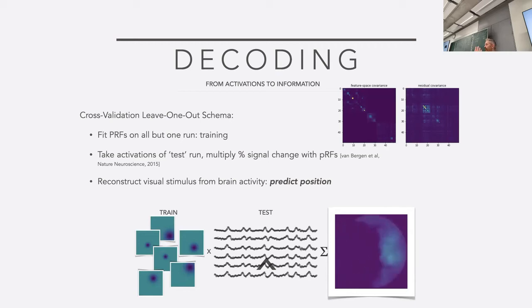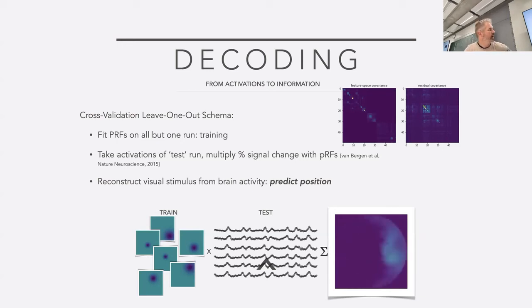This is a beautiful trick. You actually can create these movies of what a brain region thinks is on the screen. And that can be a very compelling reference frame in which to present your results, for example. So this is just an example of how you can take this encoding model approach, this receptive field approach, and then really try to understand things at the level of the representation as a whole, and that we call decoding.